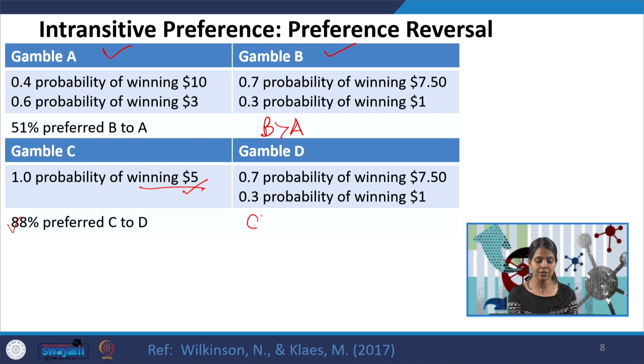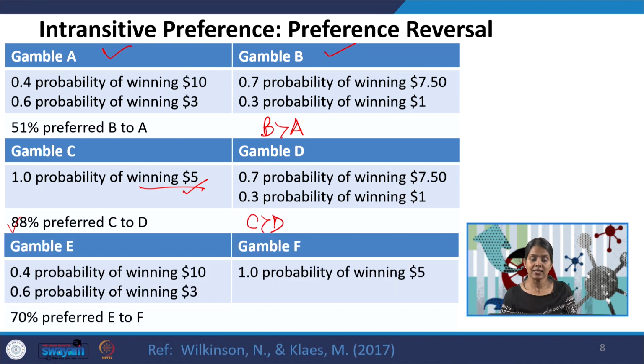So, here we observed C is preferred to D. Next we have two more gambles, gamble E and F. In E there is 0.4 probability of winning $10, 0.6 probability of winning $3, while gamble F gives a sure $5. So, this is not actually winning, but essentially getting $5, and 70% were again observed to prefer E to F, which implies that here people preferred E to F.